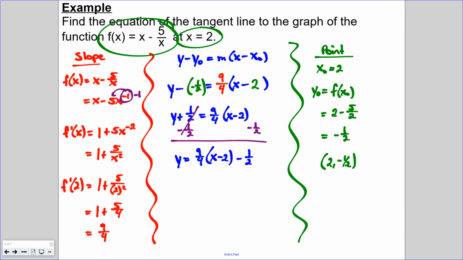Alright, so we have the y by itself, but it's not quite in that form yet. So we can take the 9/4 and distribute it through, which is going to give us y is equal to 9/4 x minus 18/4 minus 1 half. And again, if you're not good with fractions, please go ahead and use the calculator. That's why we have it. Throw the fractions in there.